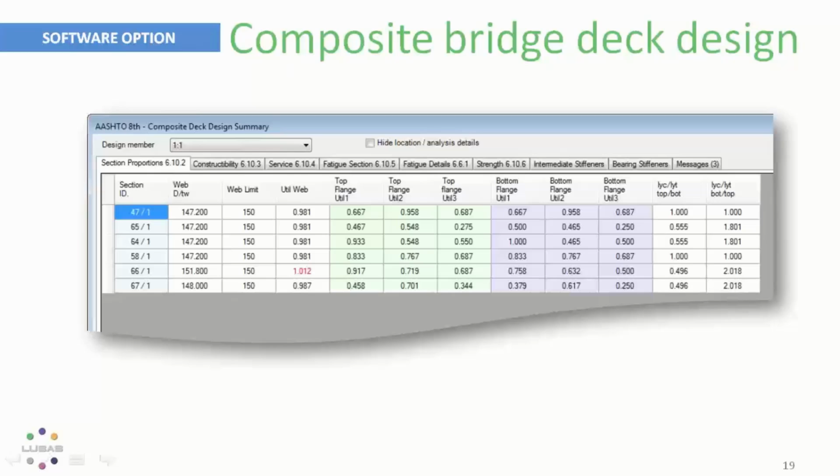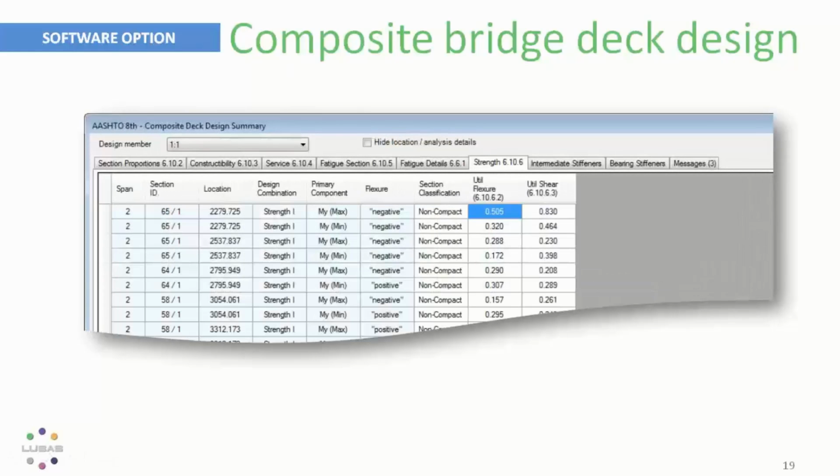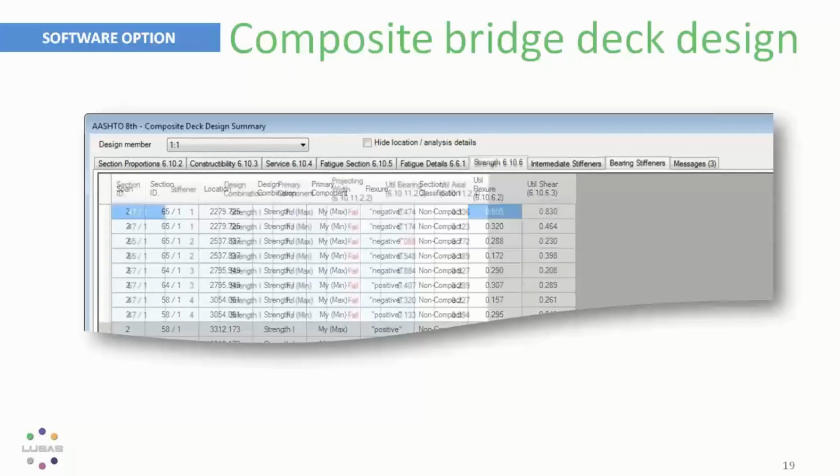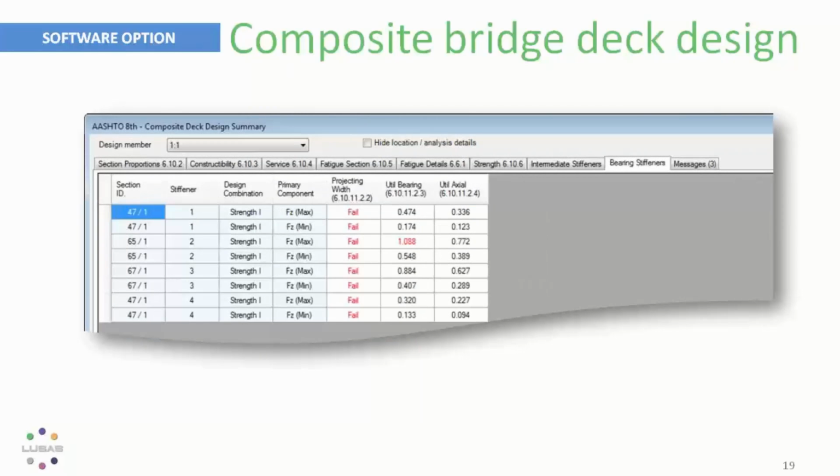Summary results become available, so we can view, for example, strength checks, where we can see the utilization ratios for flexure and shear in the two rightmost columns, or the bearing stiffener checks, and here we can see any problems highlighted with red text.